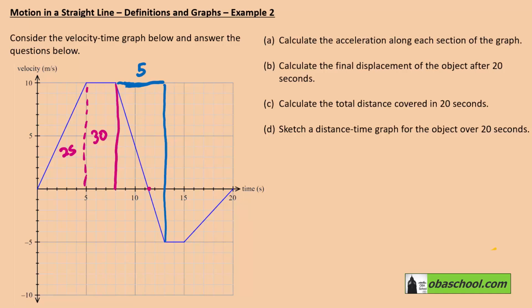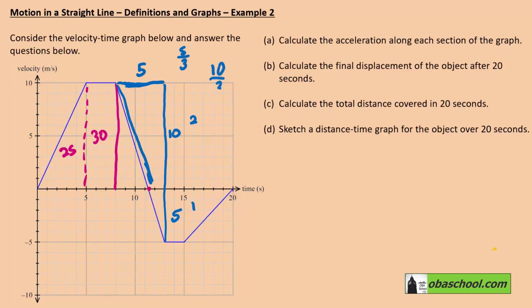Now, that 15 split into 10 and 5, which is a ratio of 2 to 1. So if we split this 5 into 3 parts, each of those parts would be 5/3, it will have done 2 of those across in doing this section of line.